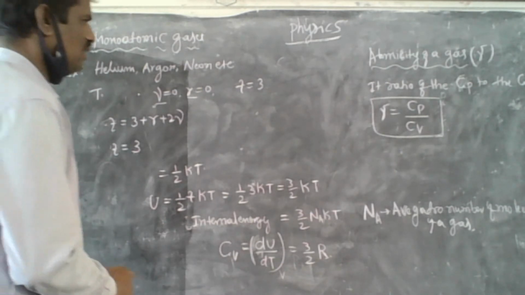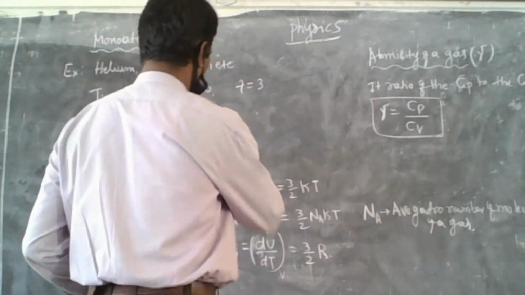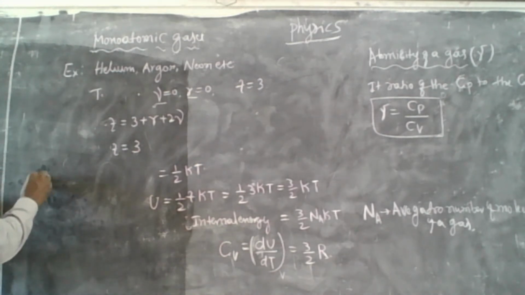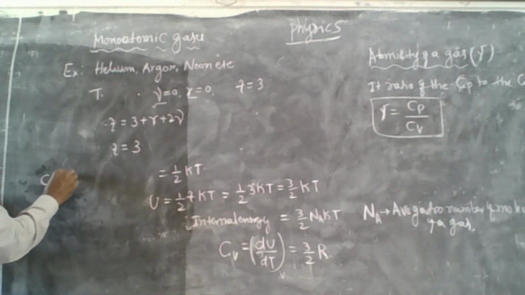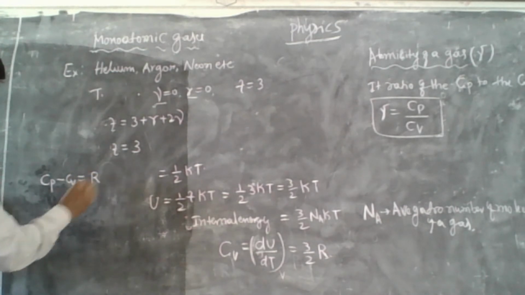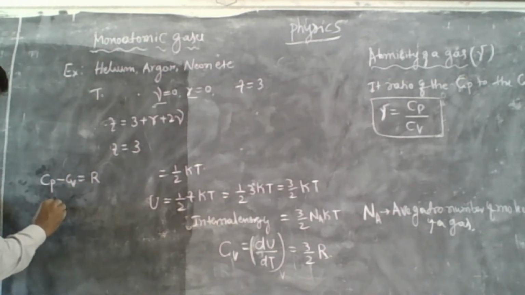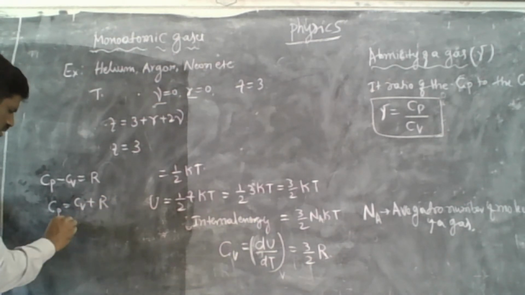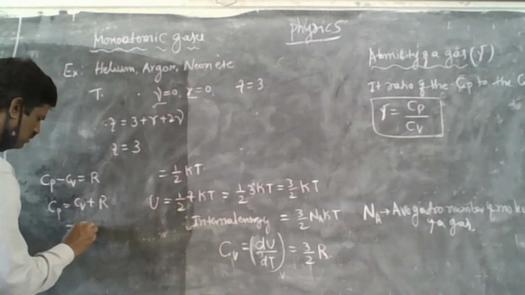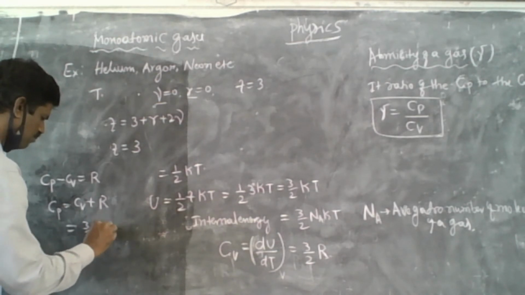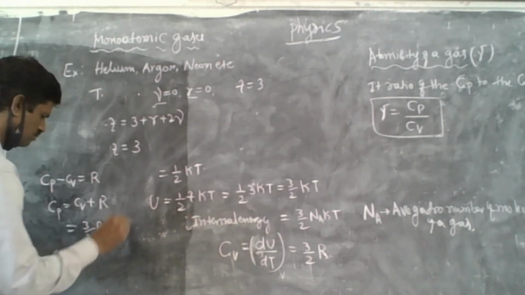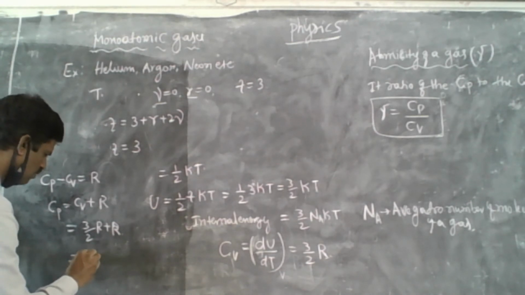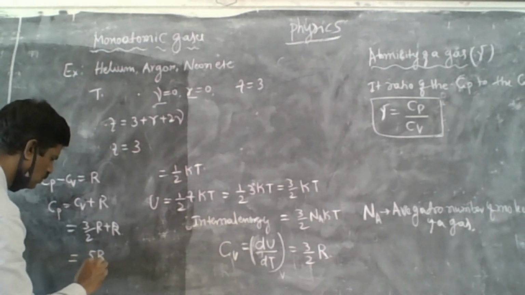We know that Cp minus Cv is equal to R, so Cp is equal to Cv plus R. Here Cp is equal to 3 by 2 R plus R, that is equal to 5R by 2.